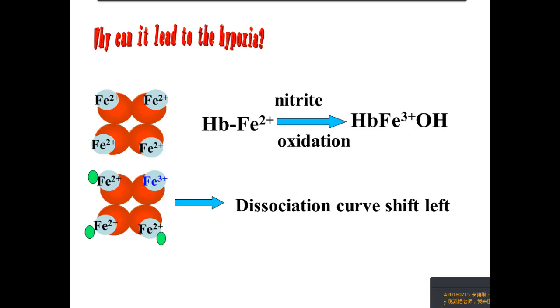Now, the color of methemoglobinemia. What color? In the blood there is the ferric state. The ferric state color is coffee.